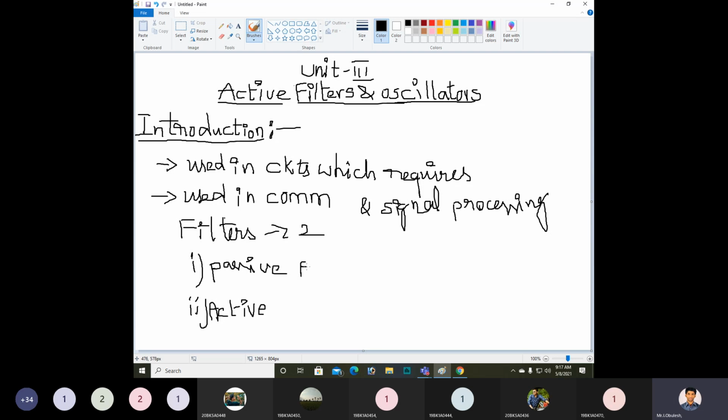Therefore, the first one is the passive filter and the second one is the active filter.